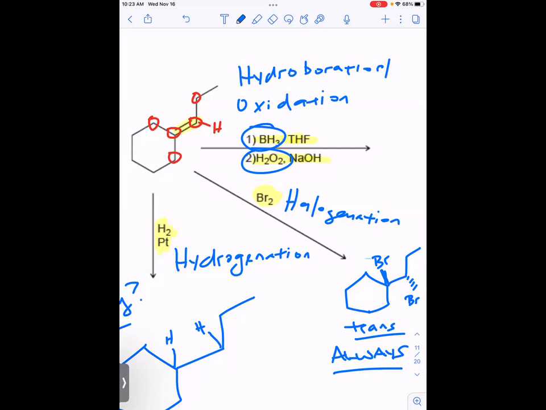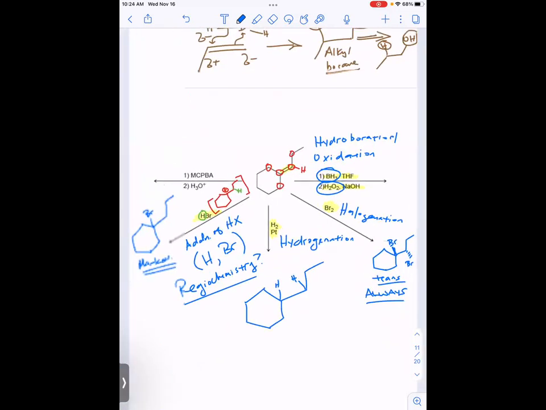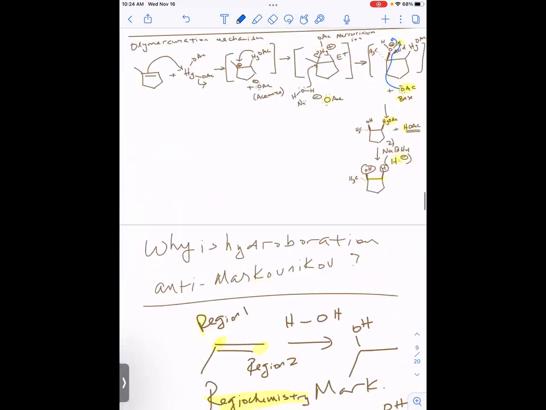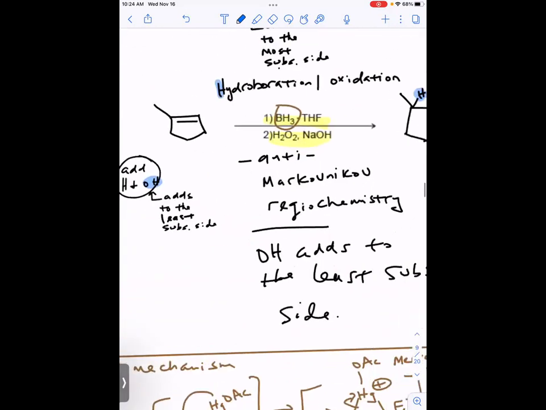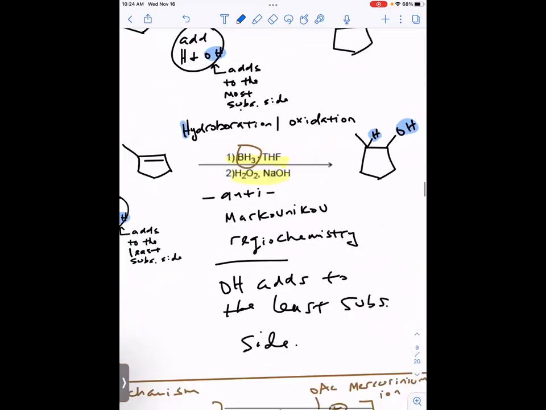What do we use that reaction to do to an alkene? What did it do up here to this alkene?